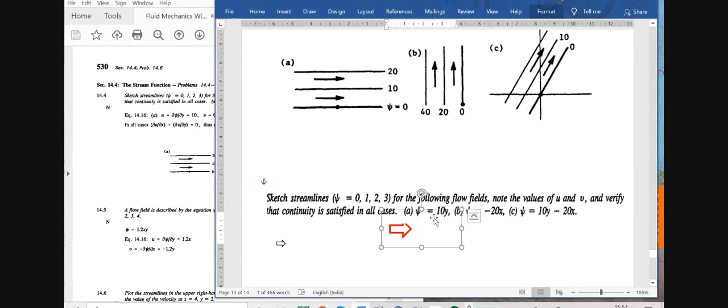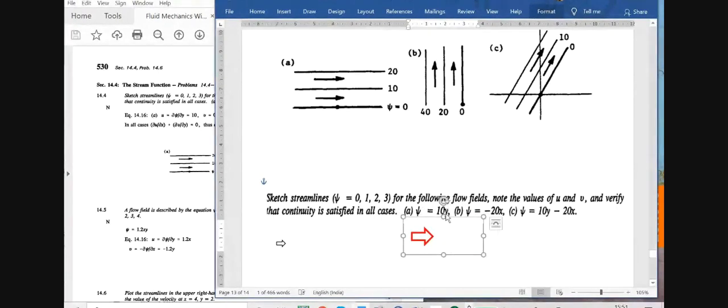It is 0. And what is dou v by dou y? Dou v by dou y also is 0. Both dou u by dou x and dou v by dou y are 0. So therefore, the continuity equation is satisfied for this case.